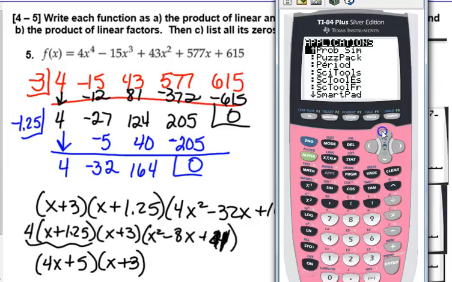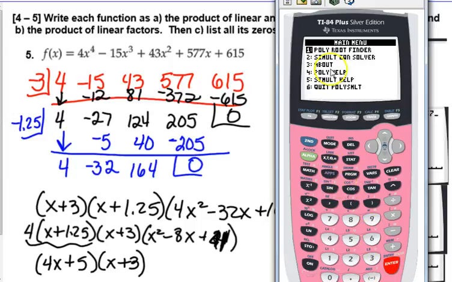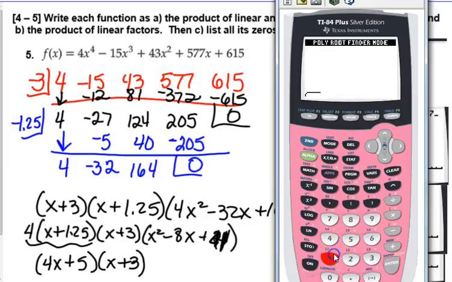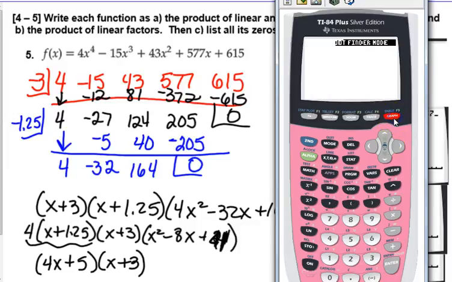Then you press enter and it's number 1, the root finder. This is a degree 2 equation. I really want it in i's if it's possible. Then I go to next.